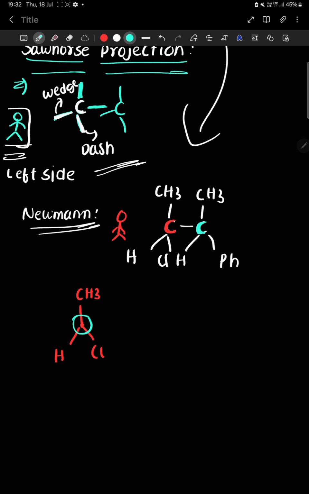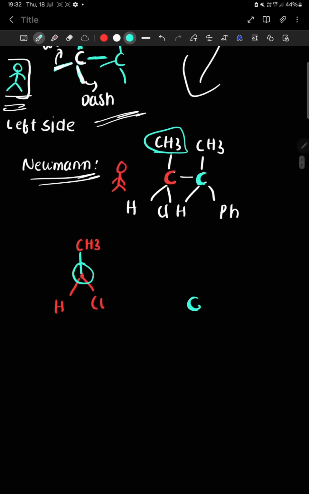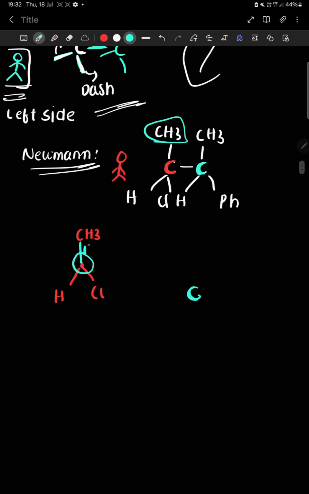This CH3 bond is directly above, so looking from the left you wouldn't see the second carbon necessarily, and the CH3 would be overlapped. So just for visibility's sake, we represent it slightly on the side. That is CH3, this is phenyl, and this is hydrogen.